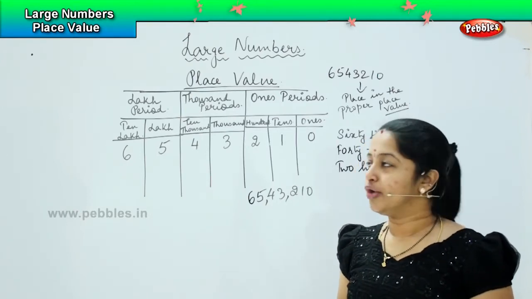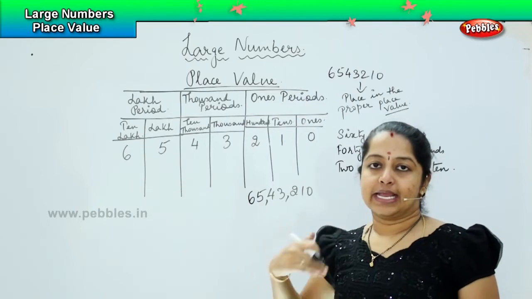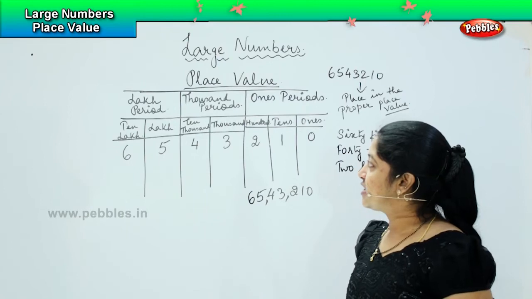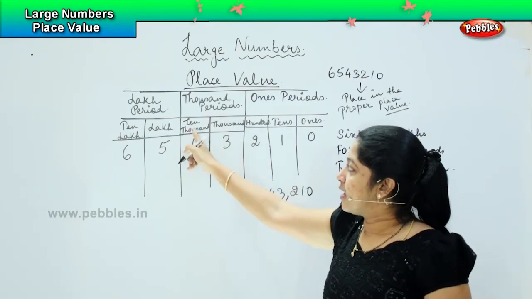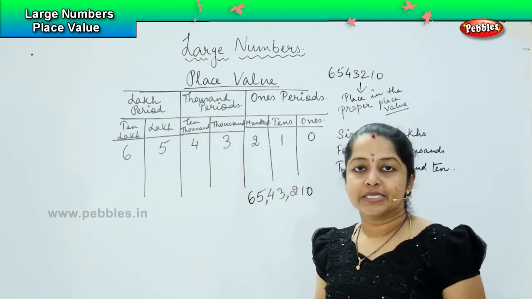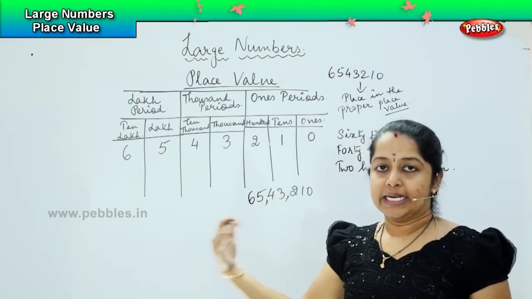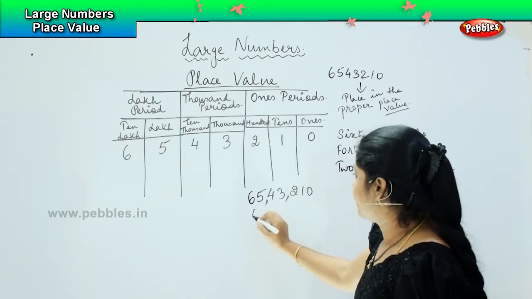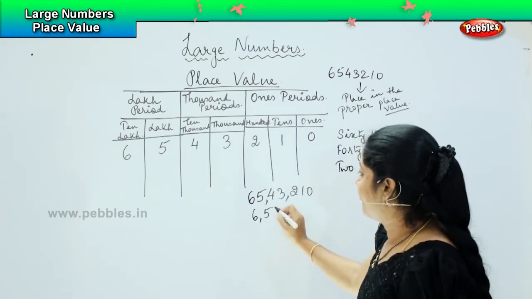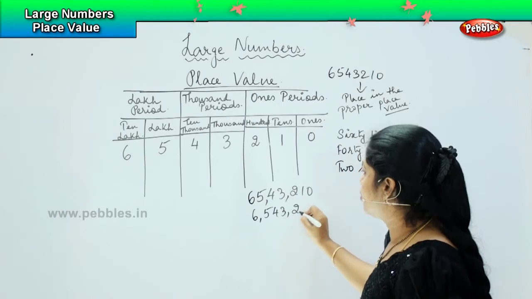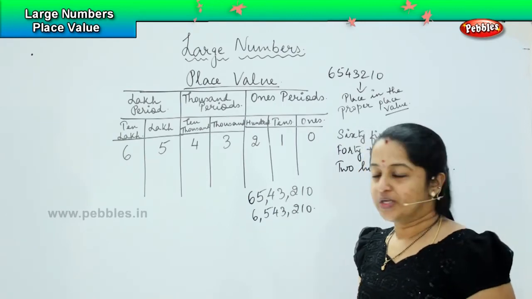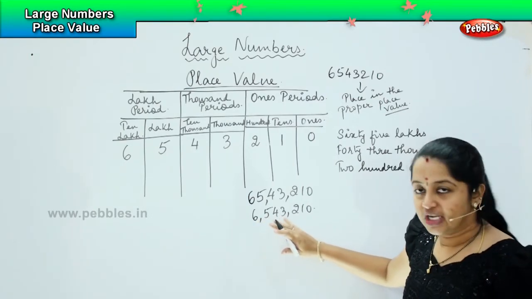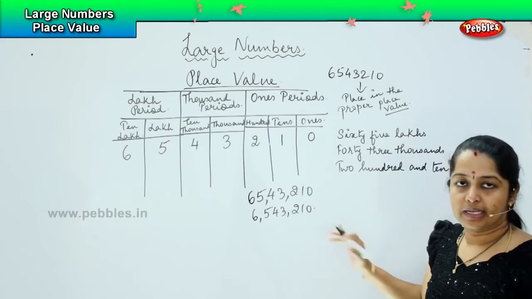Now, if the same thing I have to write in the international system, just now I told you that lakh and 10 lakh have a different value in international system, right? So, in international system, 1000, 10,000, after 10,000 it becomes 100,000, right? And then it is converted to million. So the same thing will be written as 6, 5, 4, 3, 2, 1, 0. So which means it becomes 6,543,210.